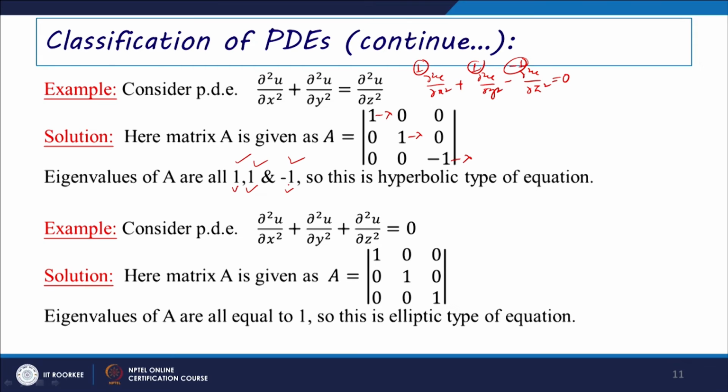Then we can define the system as the matrix with entries axx, axy, axz, then ayx, ayy, ayz, then azx, azy, azz. If we place the coefficients here, the diagonal entries are 1, 1, 1 and the remaining elements are 0. If we determine the eigenvalues, that can be written as 1 − λ, 1 − λ and 1 − λ, and the eigenvalues are all equal to 1.